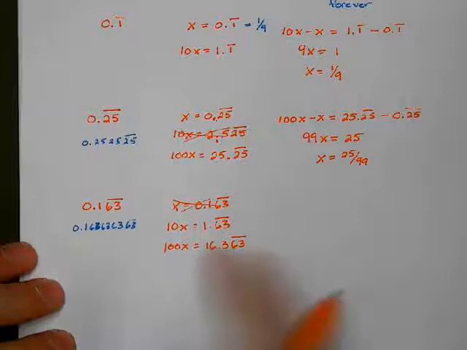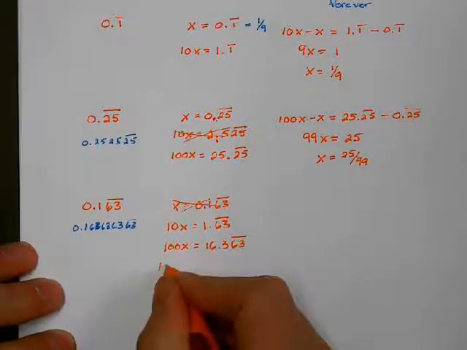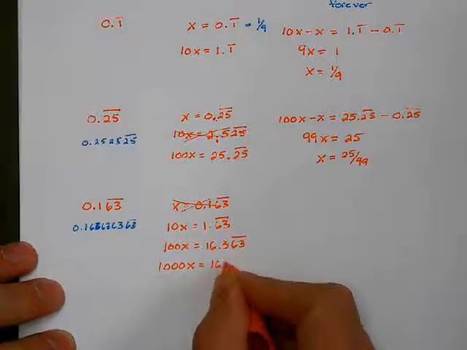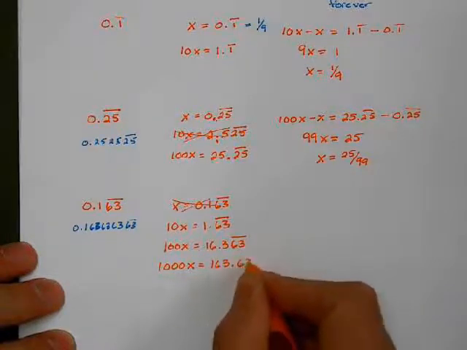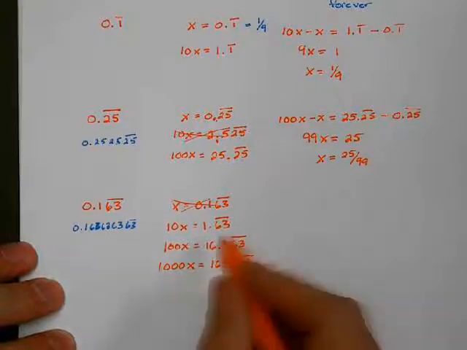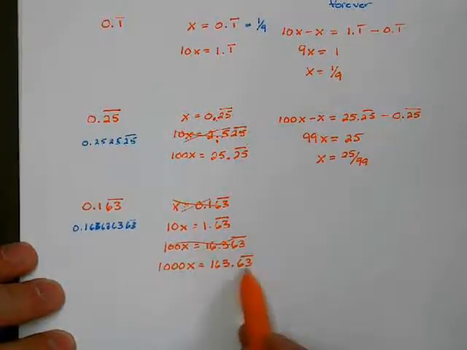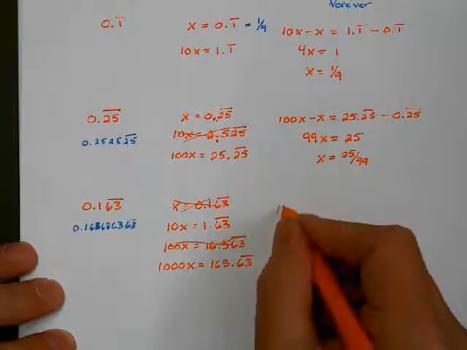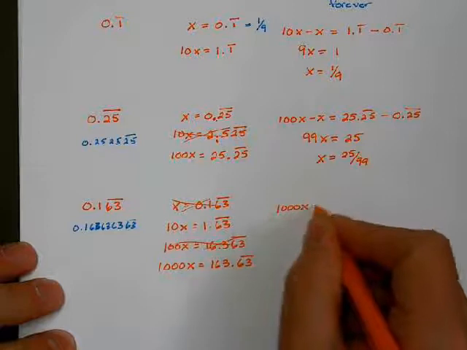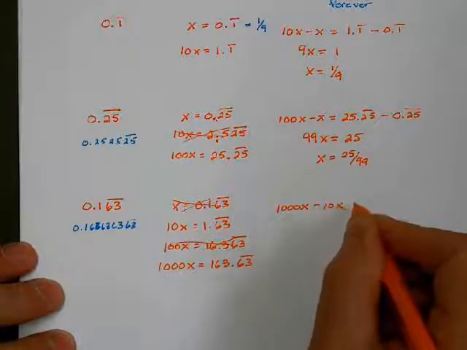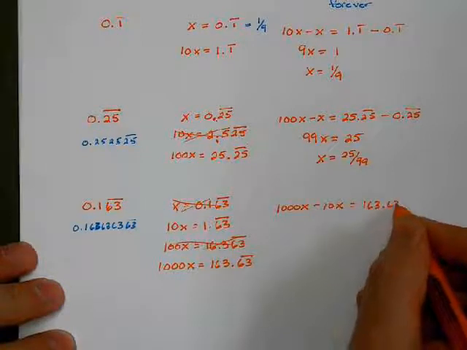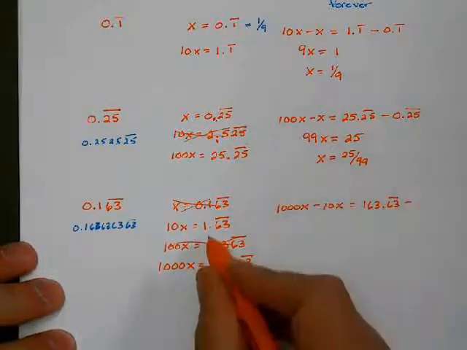So I'm going to try 1,000. And I get 163.63 repeating. And I can use that one because the 63 repeating portion is right next to the decimal. So I'm going to use these two. So I'm going to do 1000x minus 10x is equal to 163.63 repeating minus 1.63 repeating.